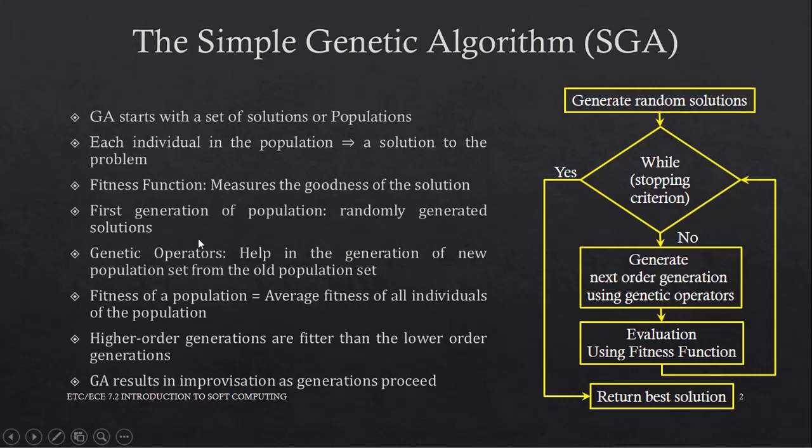The genetic operators help in the generation of a new population set from the old population set. The new population set is formed by the genetic reproduction of the parents to form the children. Various other genetic operators are also applied that help in generating the new population set. In this manner, we generate higher order generations from the lower order.